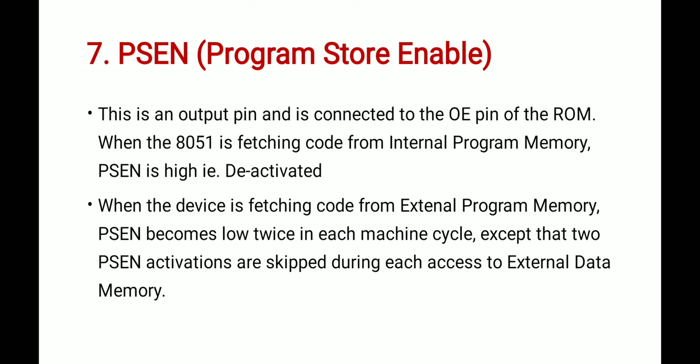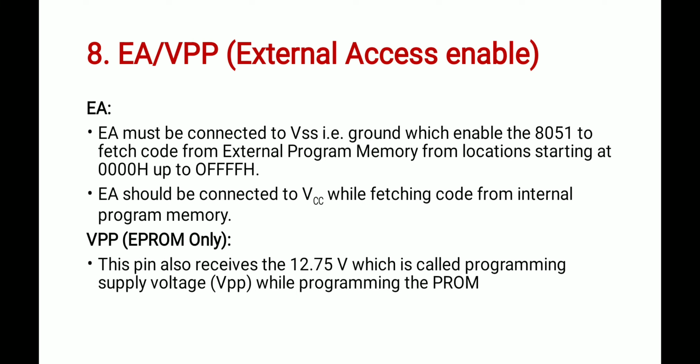After PSEN we will go for EA bar and VPP. EA bar is nothing but external access enable. EA must be connected to VSS, which is the ground pin present in the pin diagram of the 8051. If EA is connected to VSS, then it enables the 8051 to fetch code from the external program memory from locations starting from 0000H up to 0FFFFH. EA should be connected to VCC while fetching code from internal program memory.